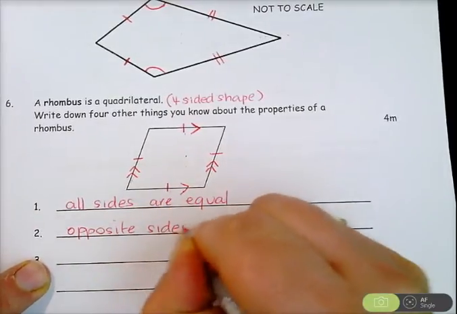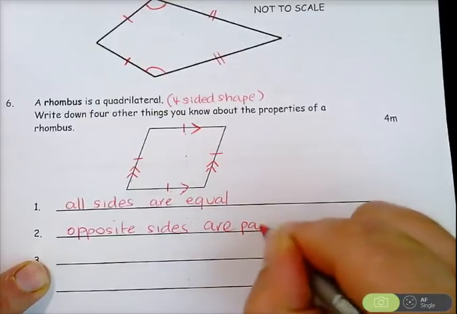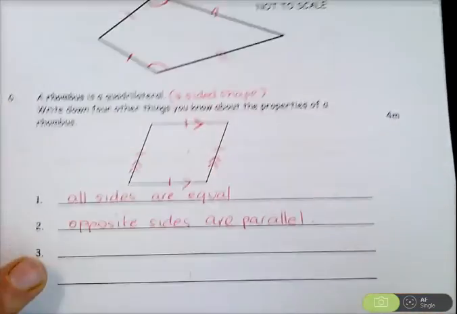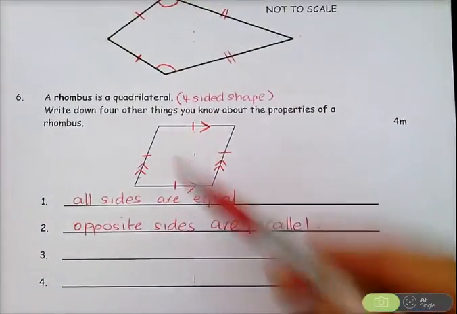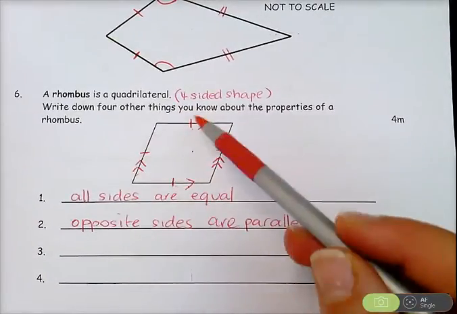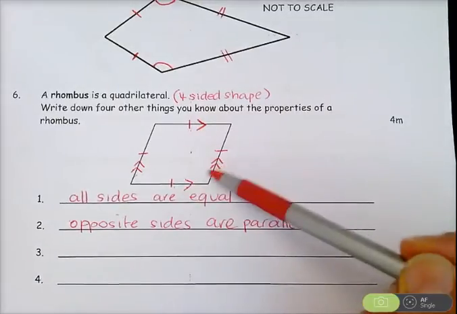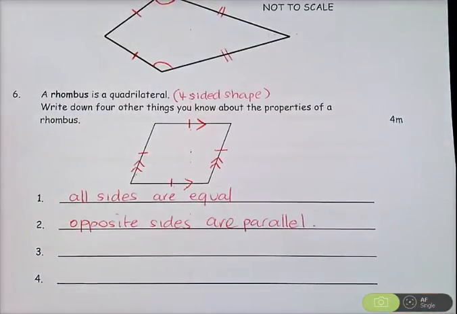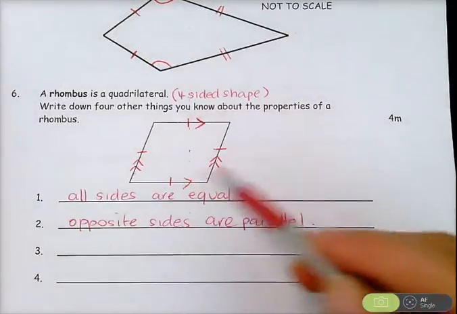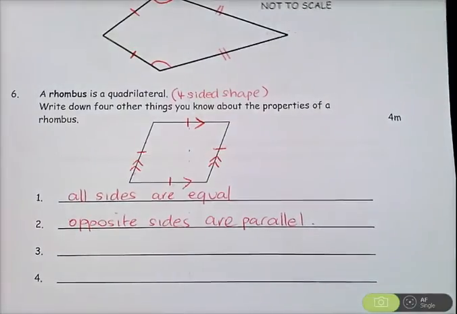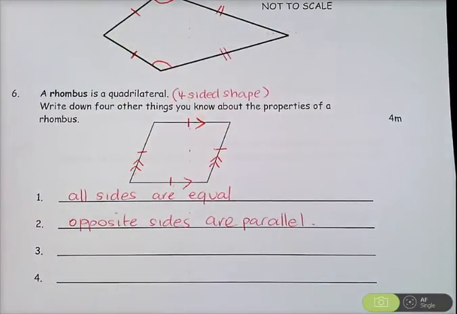So that's 2 things we know. All 4 sides are equal. Opposite sides are parallel. Do you know why I put 1 arrow, 1 arrow, 2 arrows, 2 arrows? Because it informs us that there's actual parallels, and that these parallels are different to those ones. All right, good.